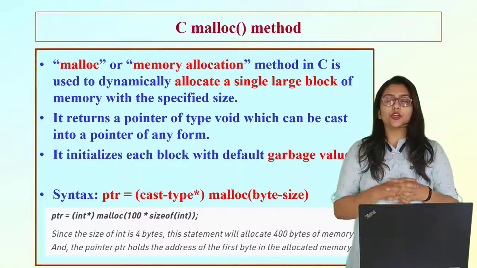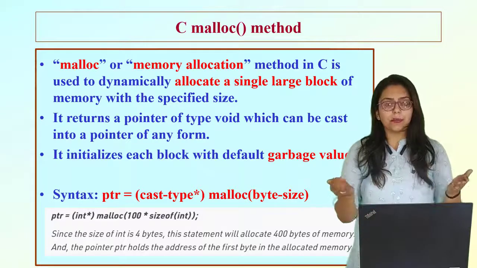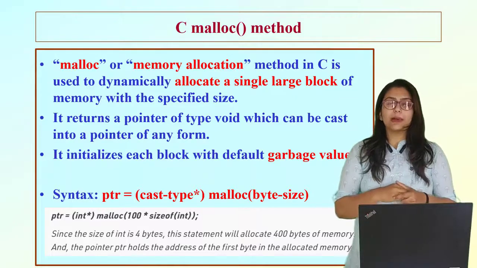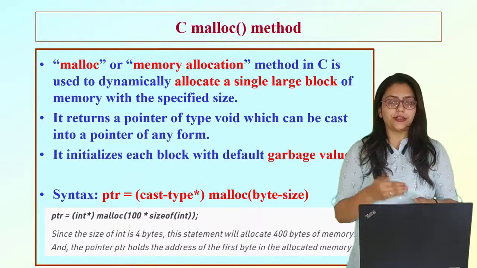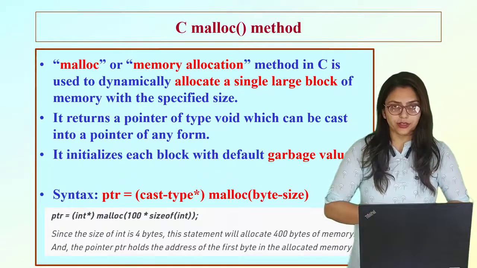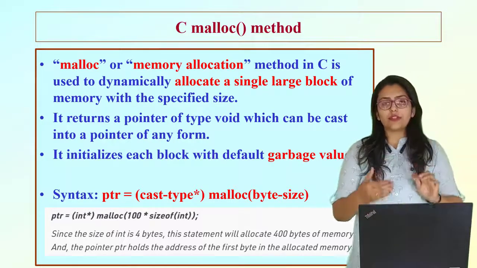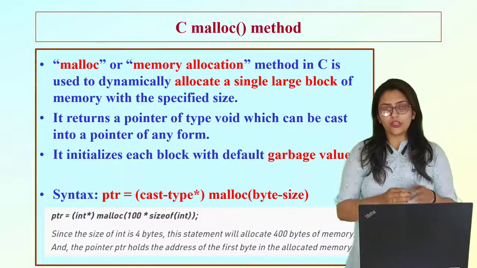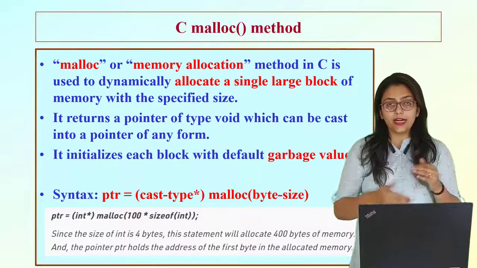In malloc you are assigning a single memory block to the program. This function will return a pointer, or say the address, of the memory block which is assigned at runtime. We have already covered how functions return pointers.